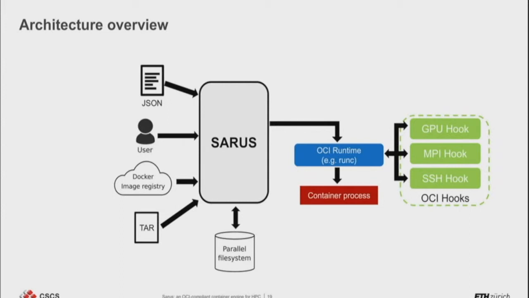Then when you request a container to be run, Sarus retrieves the image from the parallel file system, prepares the container bundle, and then hands it over to a standard runtime. The standard runtime, in turn, can use external components for customizing the container, and then it just fires up the container process.